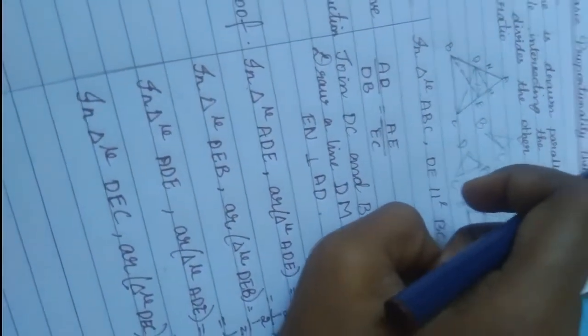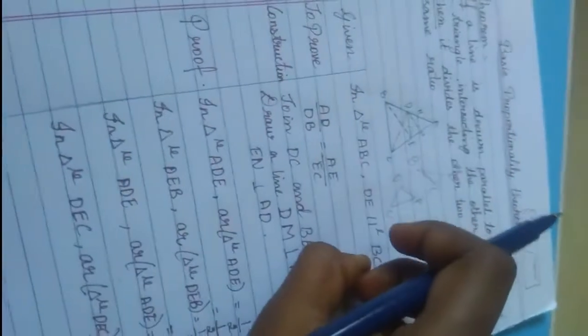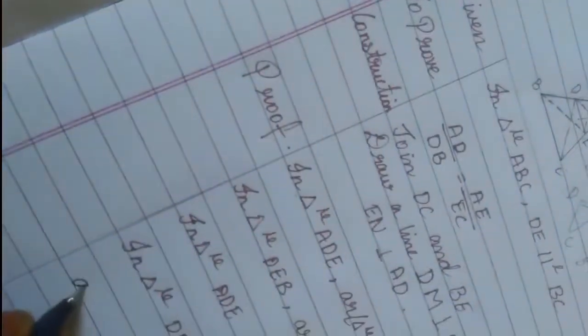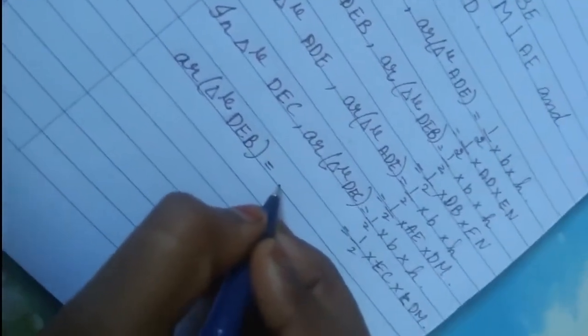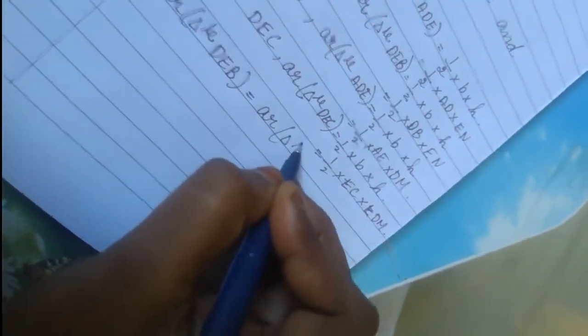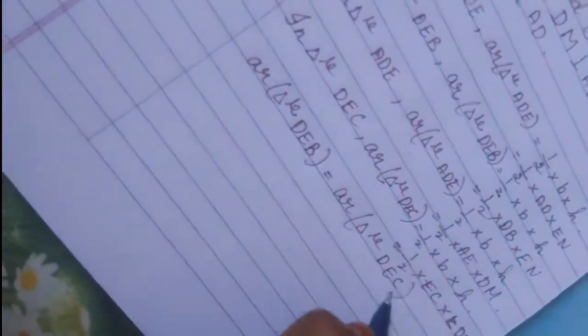There is another theorem we have learned in the earlier classes, in our smaller classes. We'll write that. We can say area of triangle DEB is equal to area of triangle DEC.